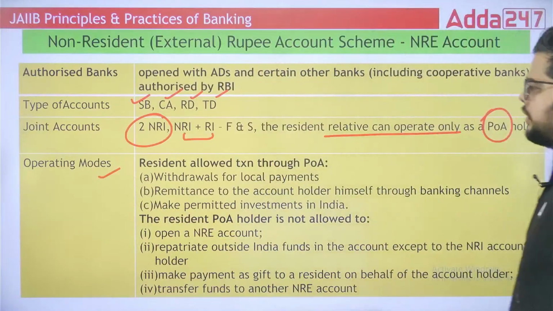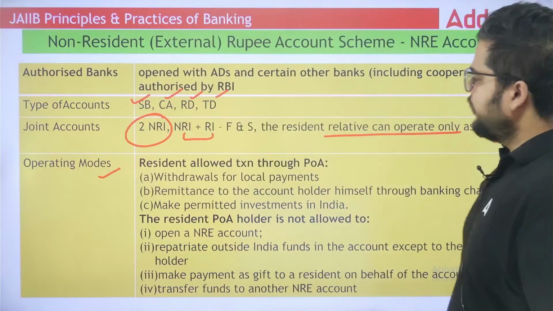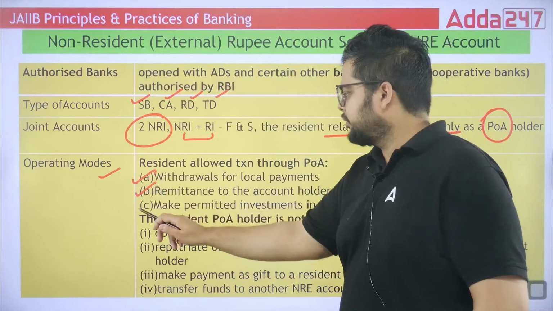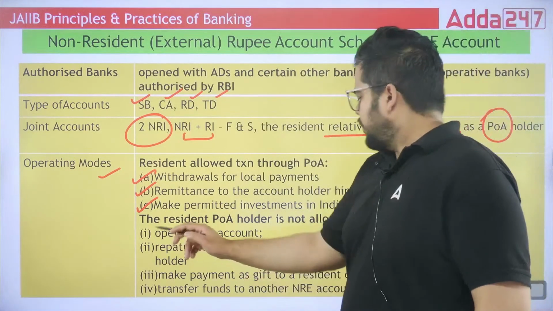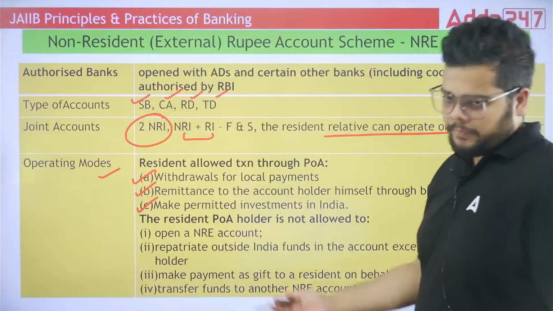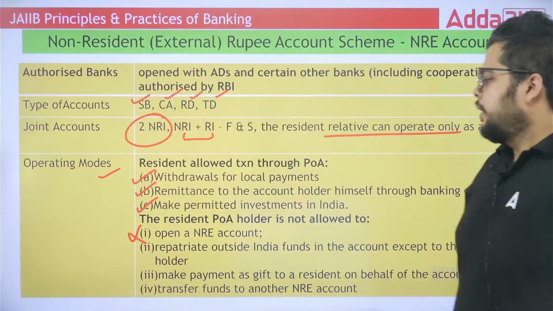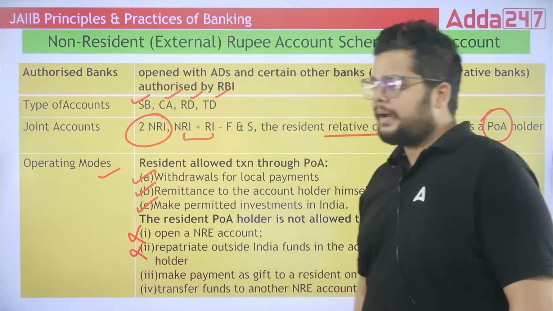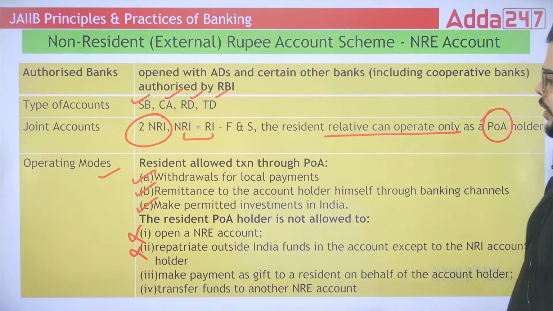Operating mode: the residents are allowed to have the transaction through the power of attorney. Withdrawals, remittance, and investment are permitted via POA. The resident POA holder is not allowed to do some activities. You cannot open the NRE account. The repatriability of this account is restricted to the holder only, not the POA.